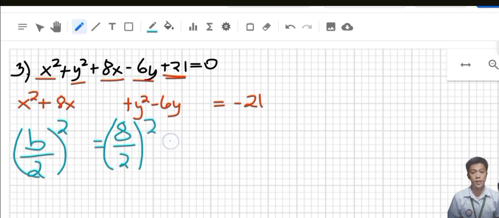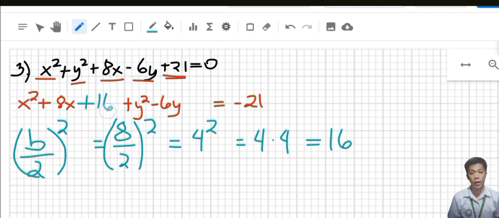Then 8 divided by 2 is 4. So we have 4 squared, and 4 squared can be rewritten as 4 times 4. And the product of 4 times 4 is 16. Let's add 16 to the left-hand side, and also to the right-hand side.